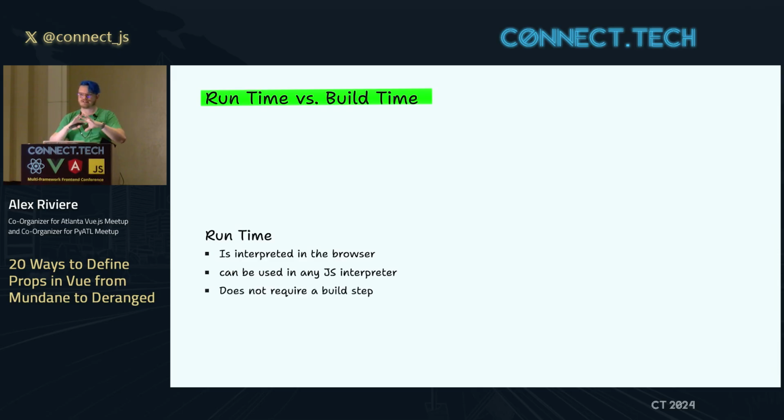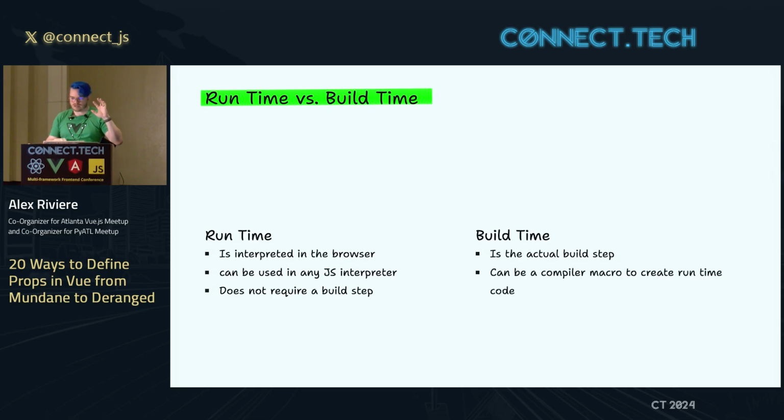You just type that sort of stuff straight into a script tag in an HTML file, and the browser will run it. So when I'm talking about stuff at runtime, I am talking about anything that would work in the browser without compilation. When we talk about build time, this is your build step. This is when you type in npm run build. That is the process we're talking about when we're talking about the build step.